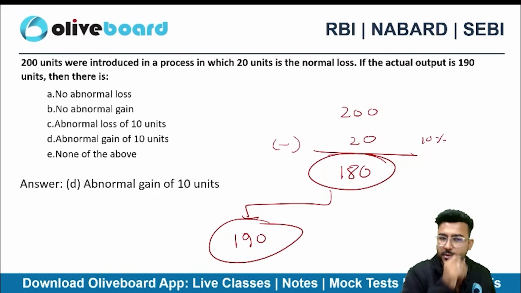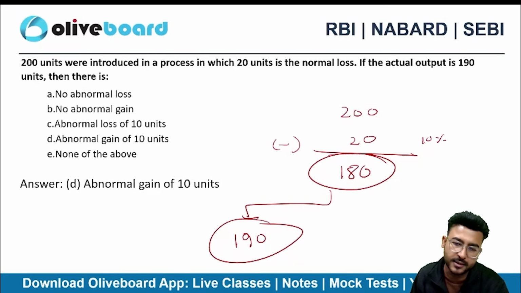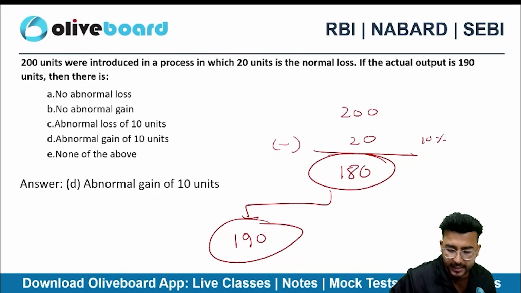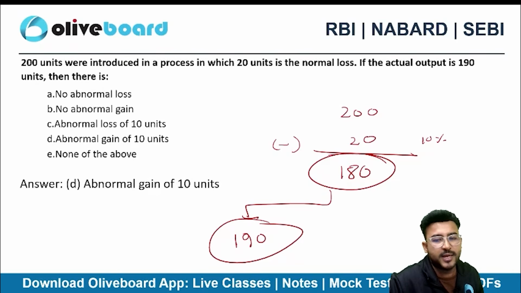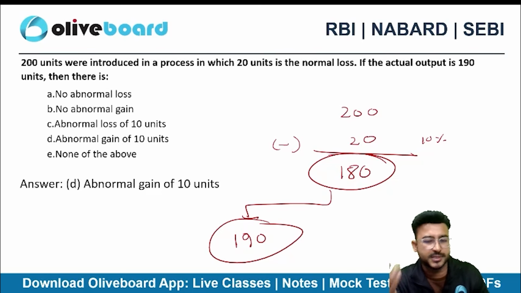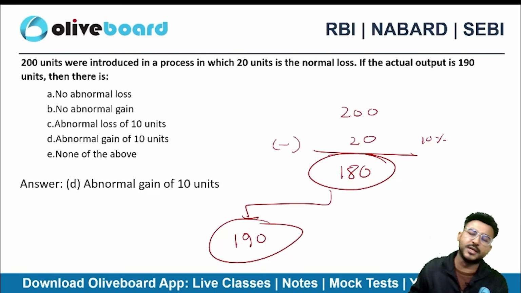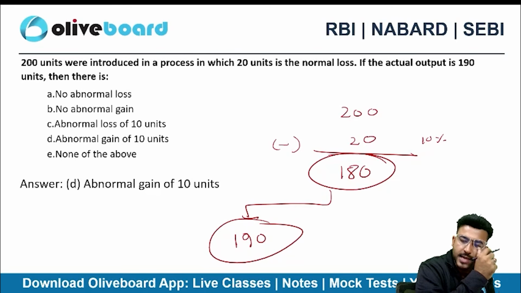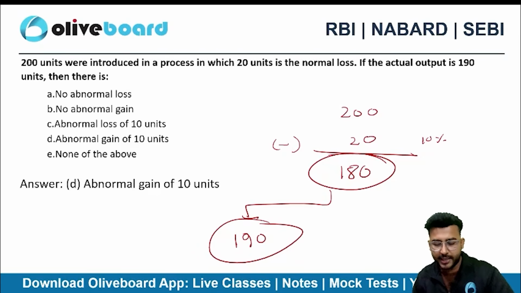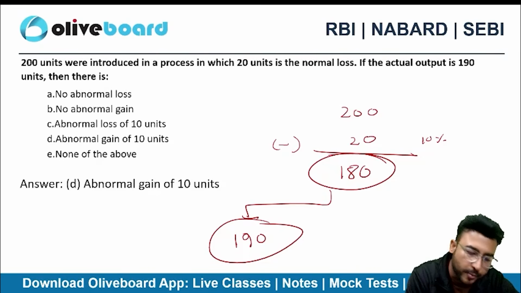So 10 units will be my abnormal gain here. Usually in every industry in which I am operating, there's a 10% normal loss. But surprisingly, in my business, instead of 180, my production is 190, and we treat it as an abnormal gain, right?